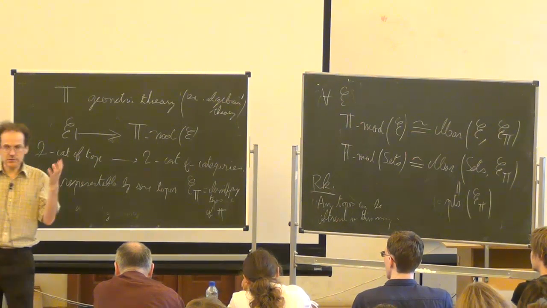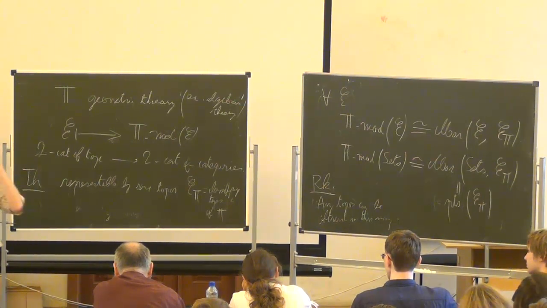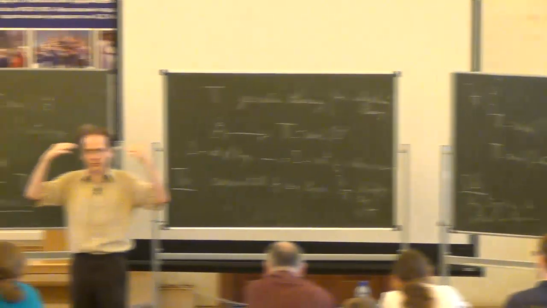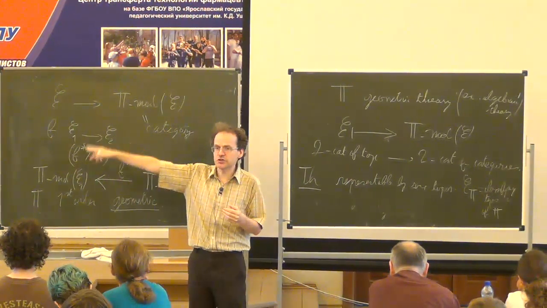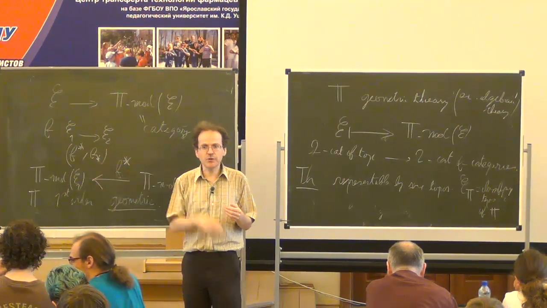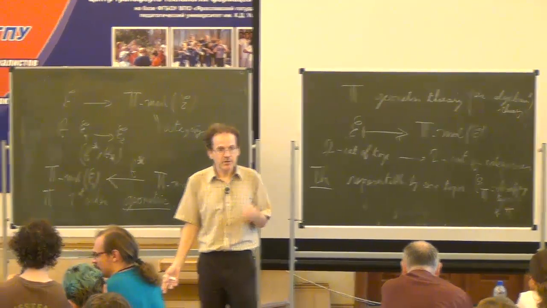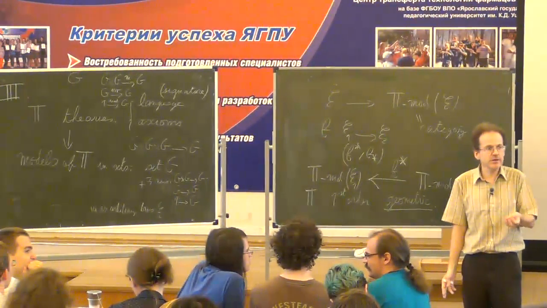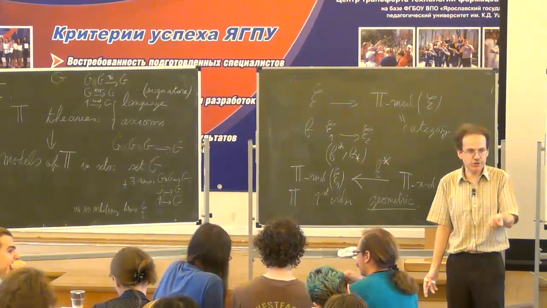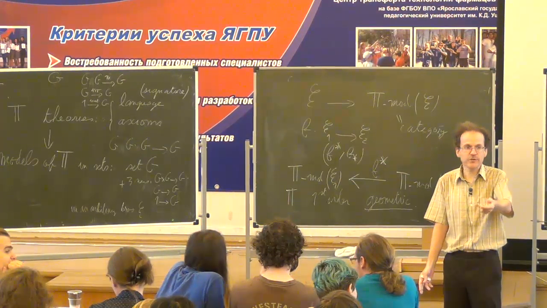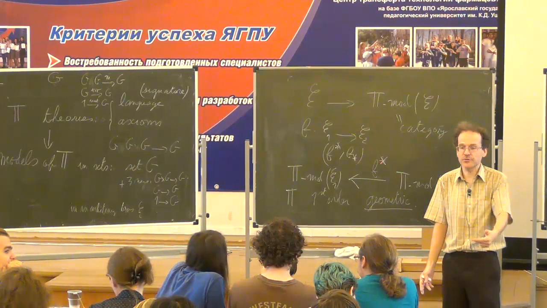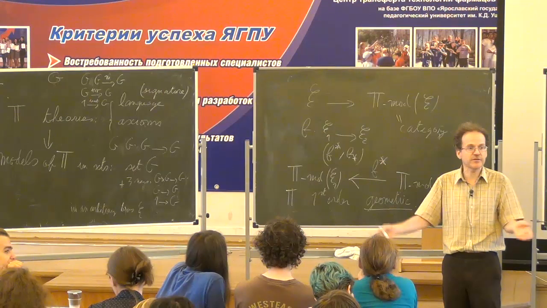You see, today I am speaking loosely, and I want you to have in mind the following. There is this operation which goes from a theory to its classifying topos. So what is this? A theory is an object in logic. It consists of a language, words, and axioms. So this is a grammar, a syntax.